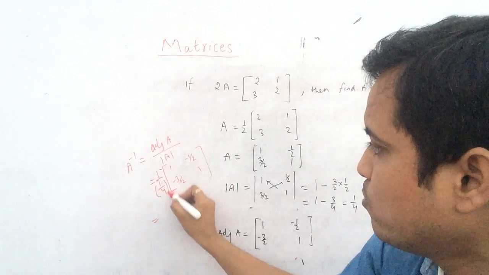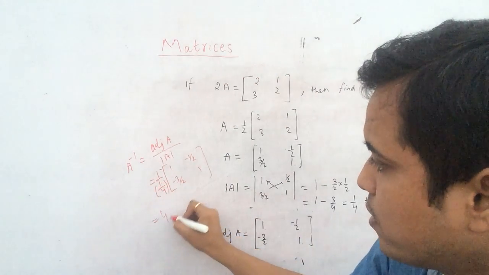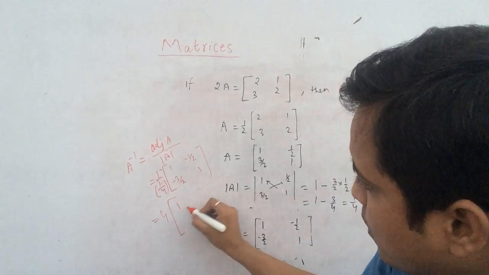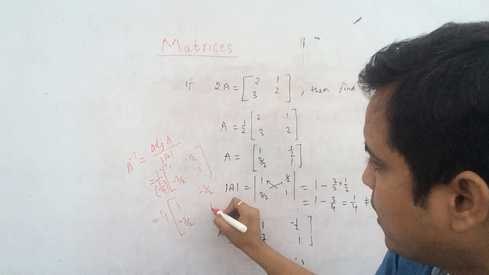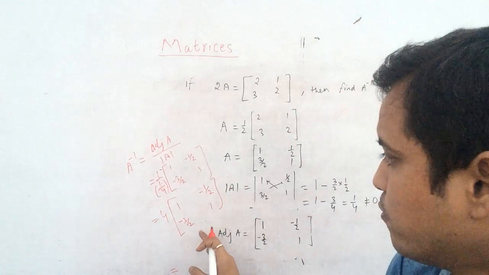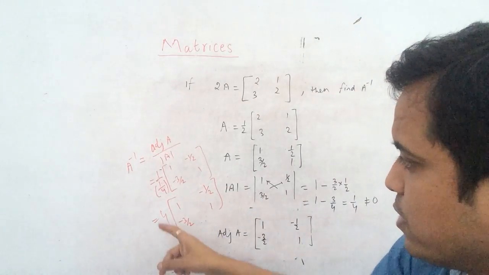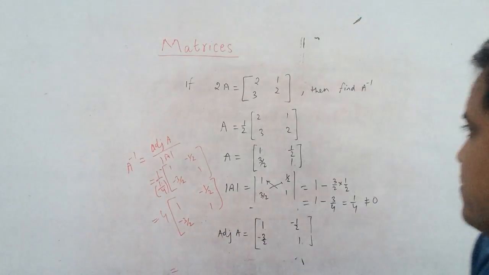And 1 upon 1 by 4 would be 4, times 1, minus 1 by 2, minus 3 by 2 and 1. Okay, and here you can move 4 inside with all the elements, then you will get the answer.